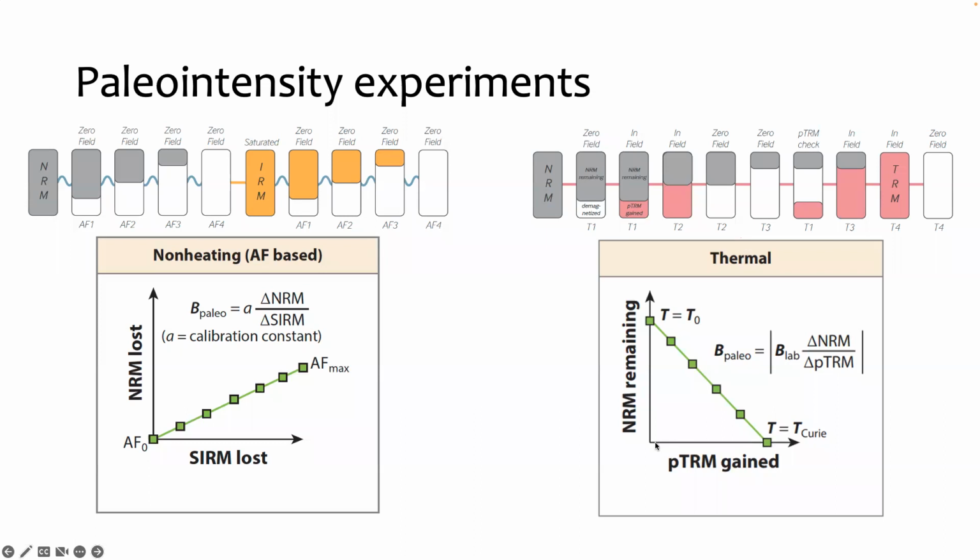This is a little bit complicated to explain in 1 minute, but the general takeaway is, again, the slope of the line of how much natural remanence is left in the sample at each temperature step versus how much laboratory magnetization is gained at each temperature step, times the strength of the lab field that you apply, gives you the strength of the ancient paleofield. So this is, in a nutshell, how we do these experiments.